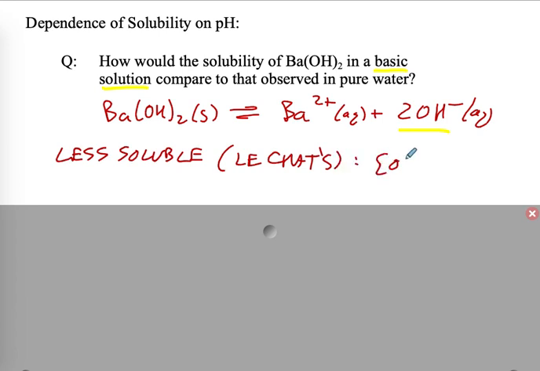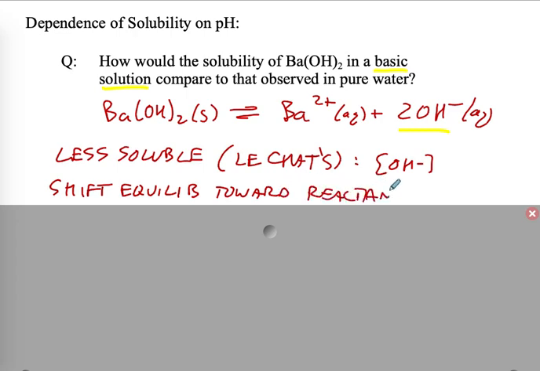That is, the pre-existing concentration of hydroxide would shift the equilibrium toward the reactants. And shifting the equilibrium towards the reactants means that the barium hydroxide is less soluble.